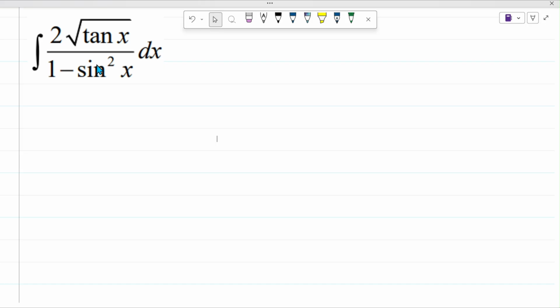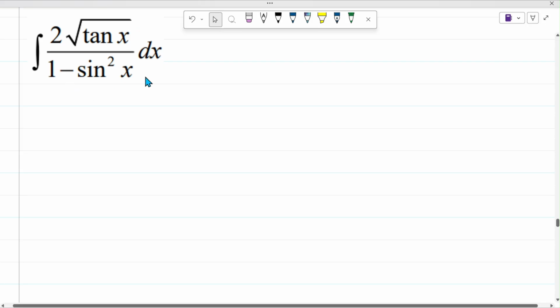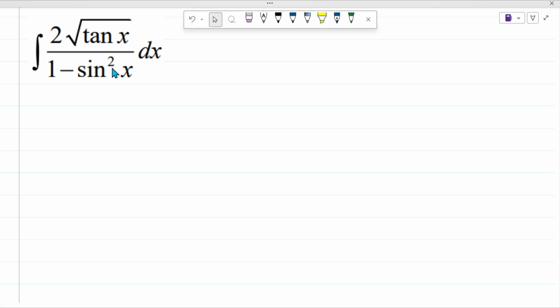What can we then do? Since we have 1 minus sine squared, we can change 1 minus sine squared into its equivalence when it comes to the square identities, and that's going to be cos squared.